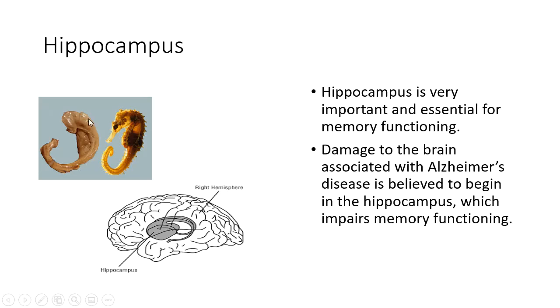So the hippocampus, this is what a hippocampus looks like, and this is where it's located in the brain. The hippocampus is an extremely, extremely important structure because it's responsible for memory, and it's basically working memory. And the hippocampus is believed to be the first thing that's damaged in Alzheimer's disease, which we talked about last week as a neurodegenerative disorder that is associated with these fatty plaques building up that shut down certain areas of the brain.